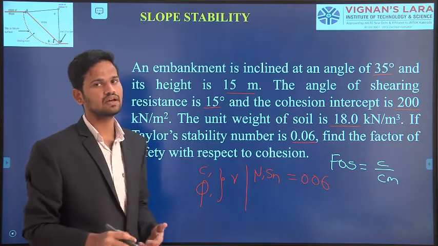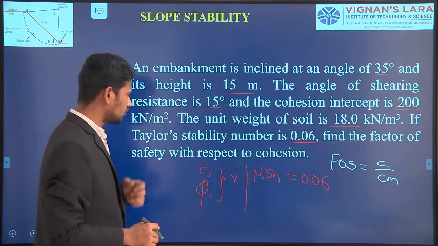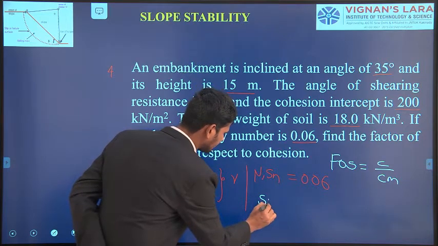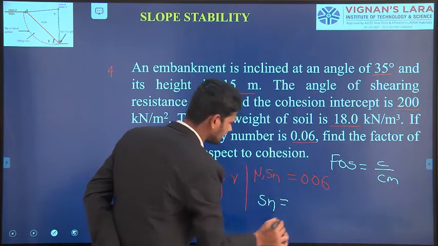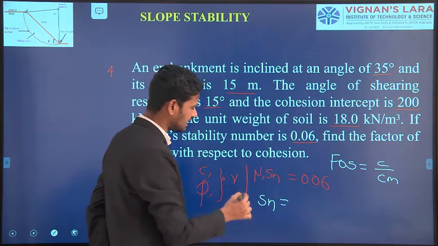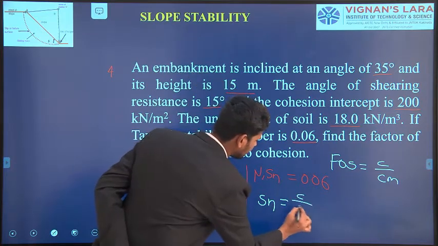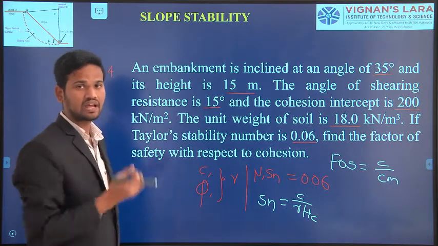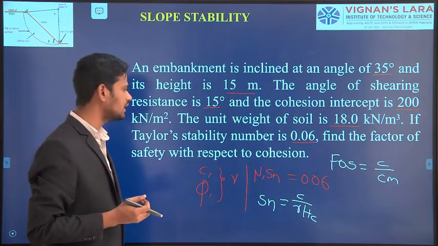And if you observe here, based on our stability number, we have the formula where the Taylor stability number Sn equals C divided by gamma into Hc. This is the formula we have for the Taylor stability number.